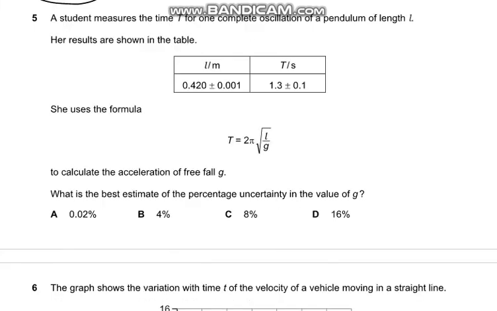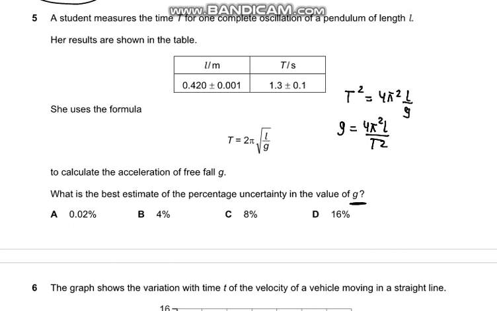So A is the appropriate answer. Question number 5 says to measure the percentage uncertainty in the value of g. The values are given with the absolute uncertainties of length and time period. So let's first make T the subject. That will become T square equals 4 pi square L over g, and g becomes 4 pi square L over T square. Now let's find the percentage uncertainties in length and time.